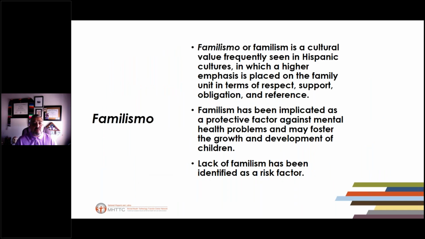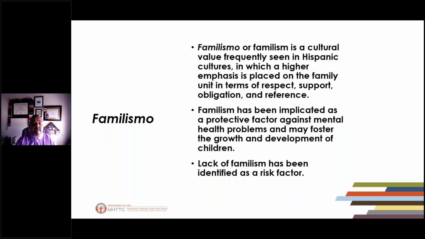So some of the concepts that we look at when we're talking about cultural values, one is familismo or familism, a cultural value frequently seen in Hispanic cultures, and it really encompasses the family unit, and the values that fall under that can also be looked at as respect, support, obligation, and being able to really reference and call collectively as a family together some of the experiences that they're having.